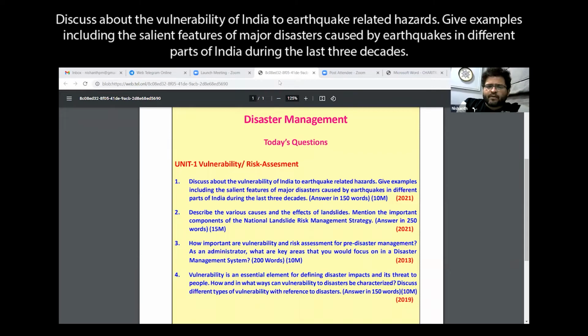Discuss about the vulnerability of India to earthquake related hazards. Give examples, including the salient features of major disasters caused by earthquakes in different parts of India during the last 3 decades. So there are a couple of parts for this answer. See the question again.